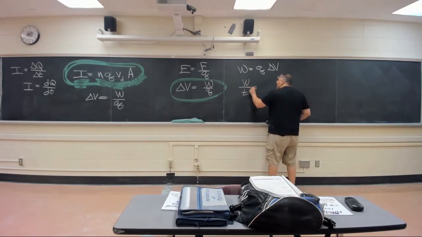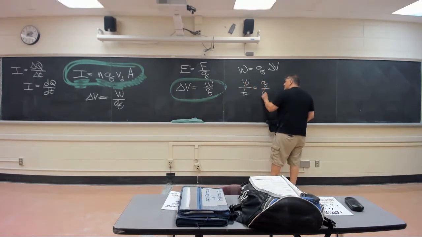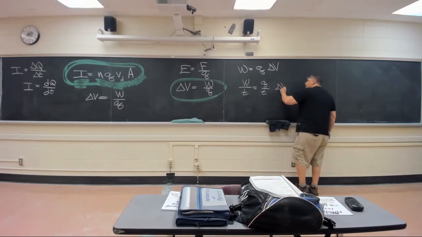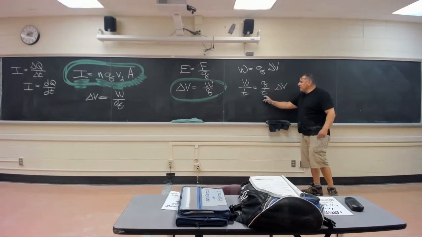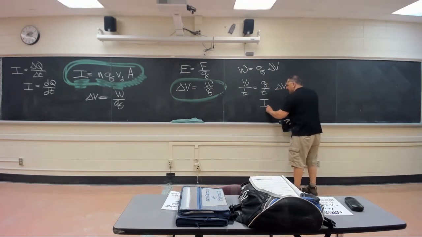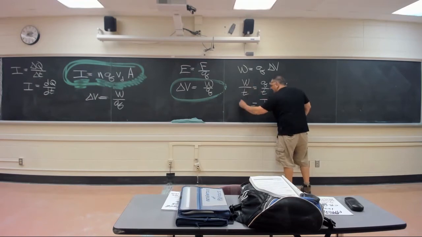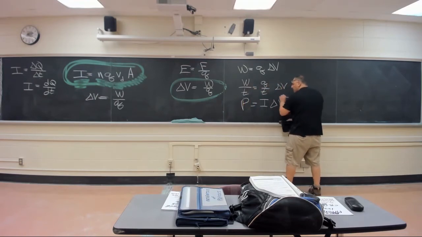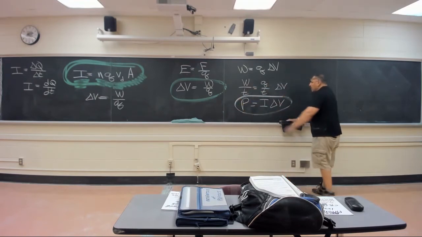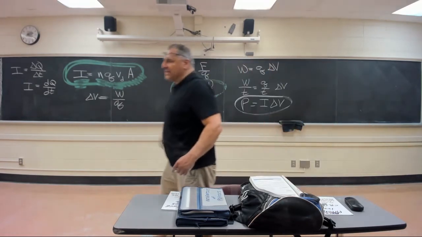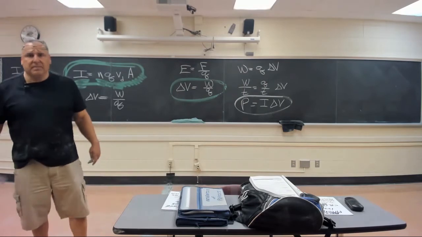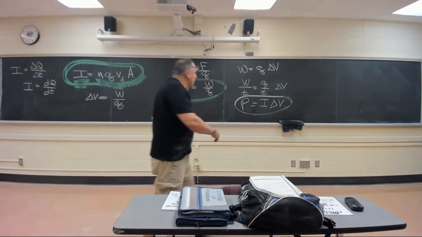Work divided by time, Q divided by time, that's delta Q over delta T. That's I. Work divided by time is power. It's not my notation, other people have used it. I use IV rather than I delta V. No big deal. Just remember what's what.